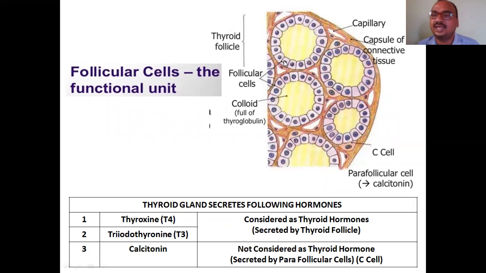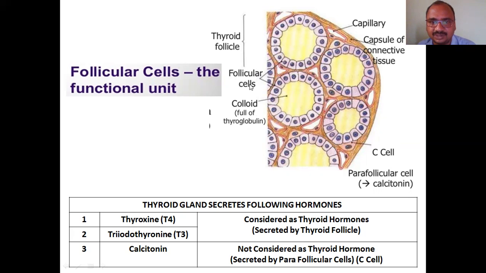Now, this is called the thyroid follicle. Each one is called a follicle. Each thyroid follicle has cells, and those cells are called follicular cells.